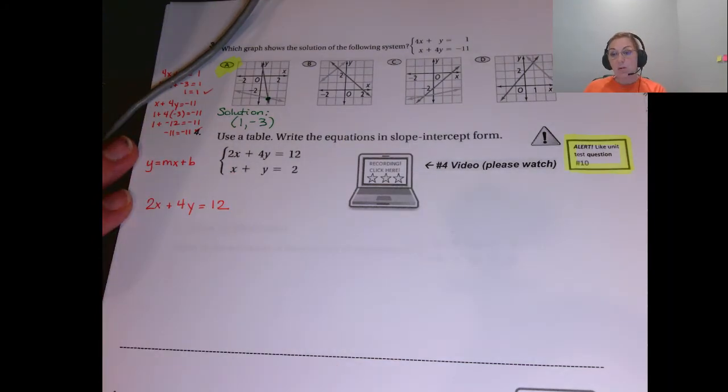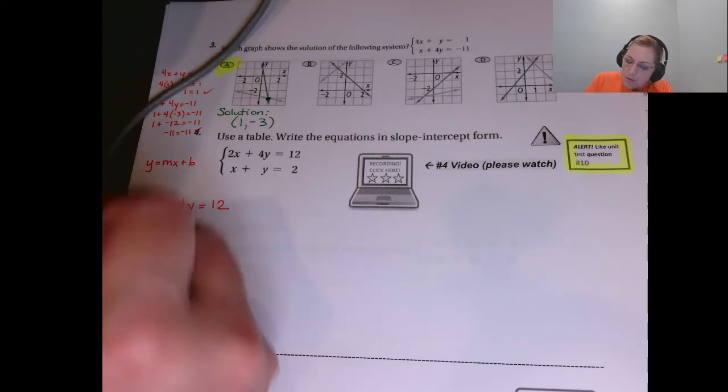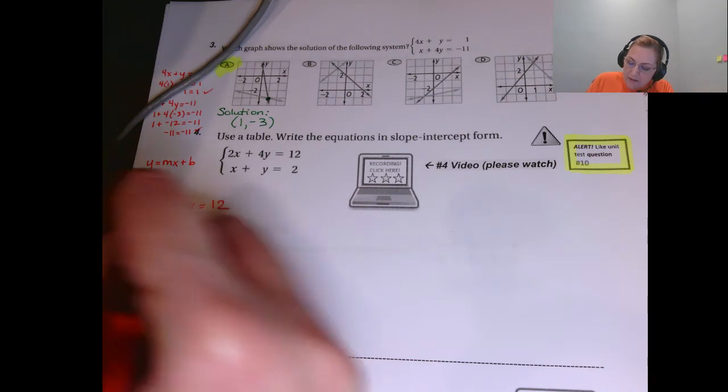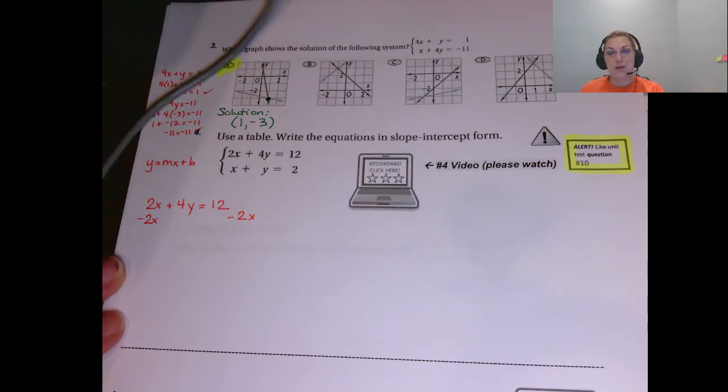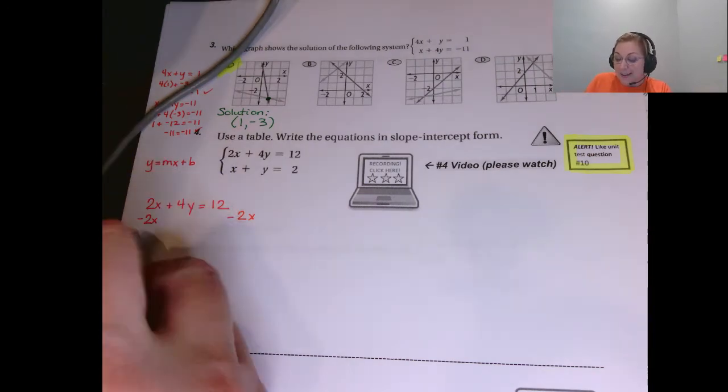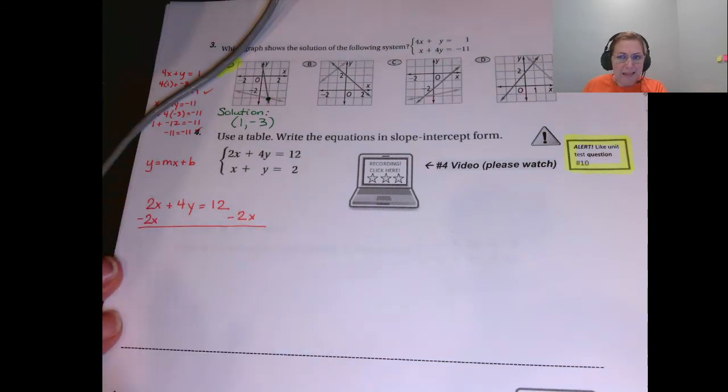Okay, to get y by itself, I'm going to have to move this 2x. So I'm going to subtract 2x from both sides. Again, if you saw my first video for this unit, you know I don't like to write that 2x underneath the 12. They're not like terms, so I don't want to get in the habit of thinking that they're like terms.